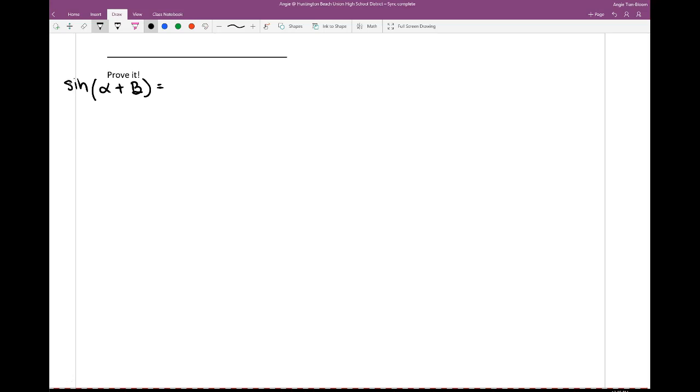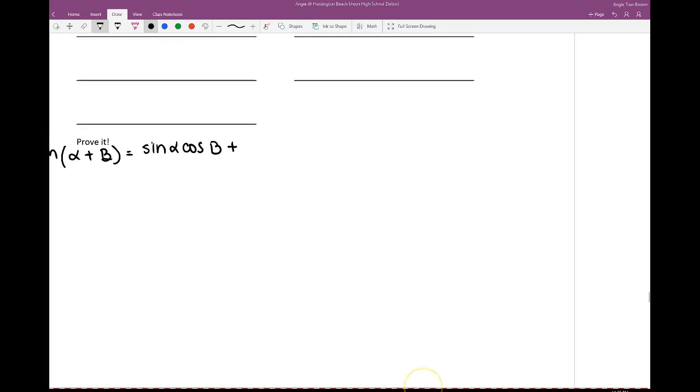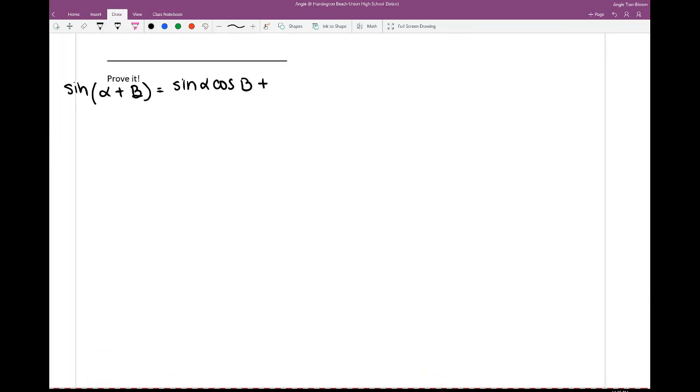Okay, so did you write down sine of alpha cosine of beta? Because it's an addition of sine, I'm going to add here. And then I would write cosine of alpha sine of beta. And it doesn't really matter, okay?